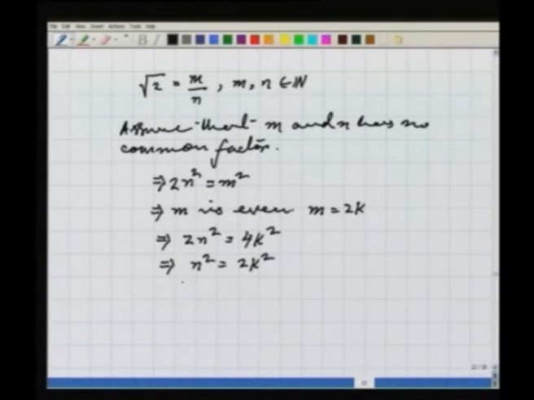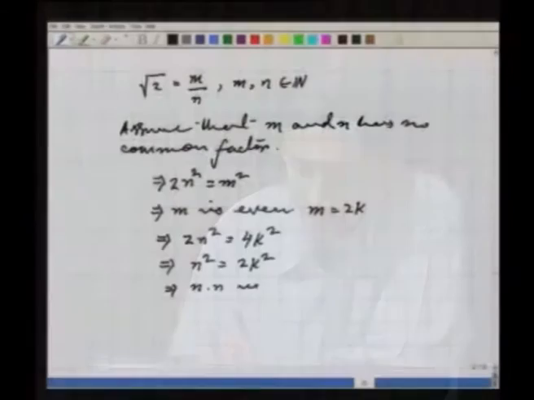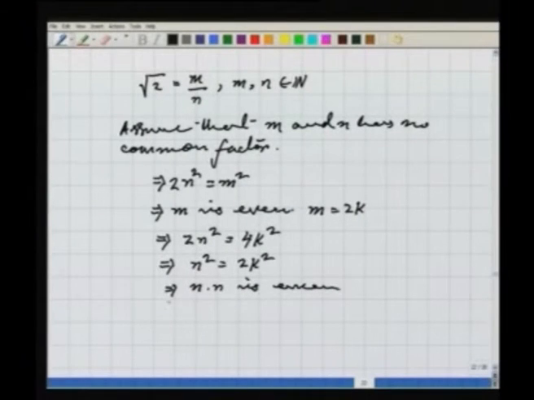That means n times n is an even natural number. But again I know that the product of two natural numbers which are odd has to be odd, but this is even. That means n itself is even, which implies n must be some 2p.